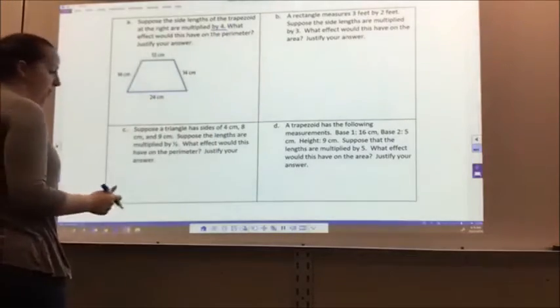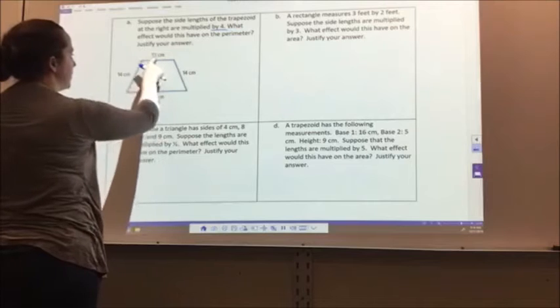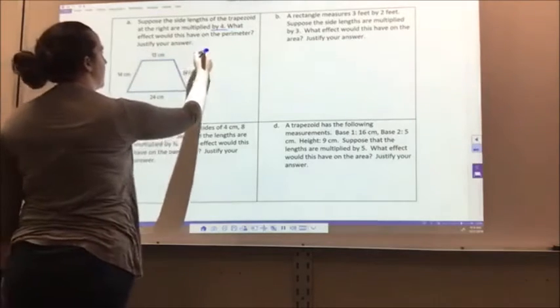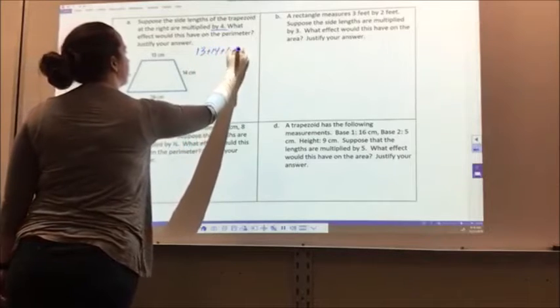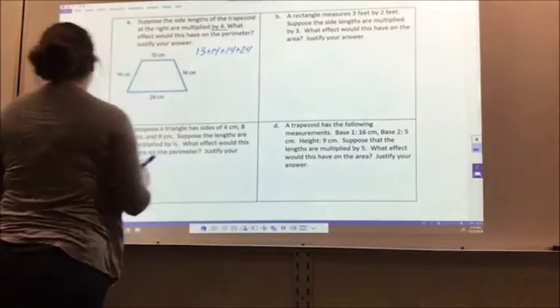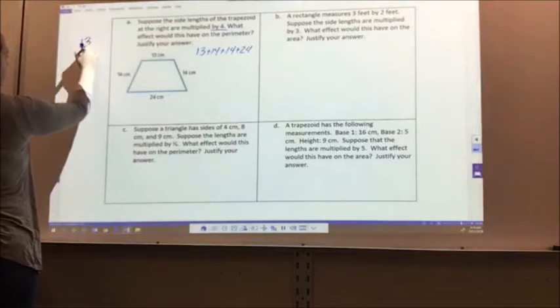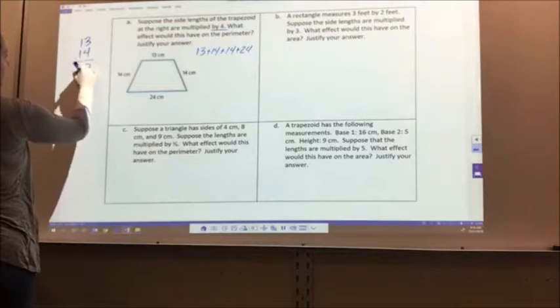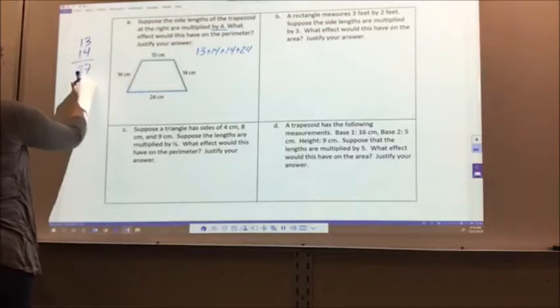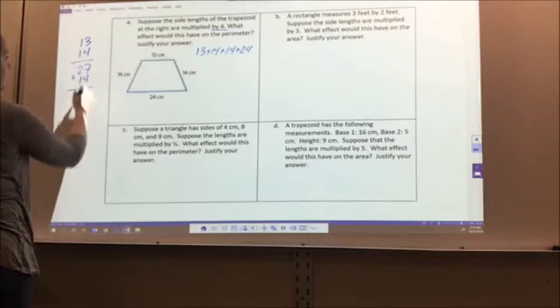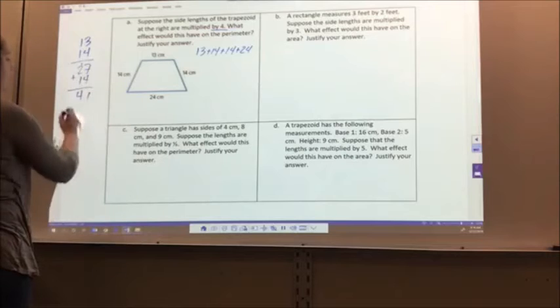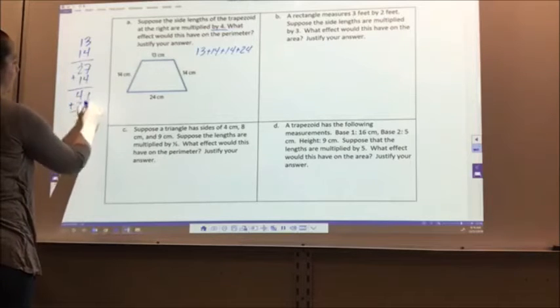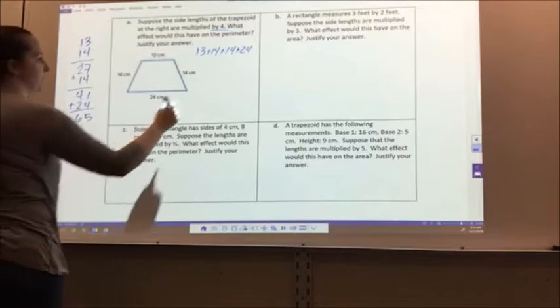So I have to figure out my original perimeter. So 14 plus 13 plus 14 plus 24. When I add all those together, 13 plus 14 gives me 27, plus 14 gives me 41, plus 24 gives me 65.